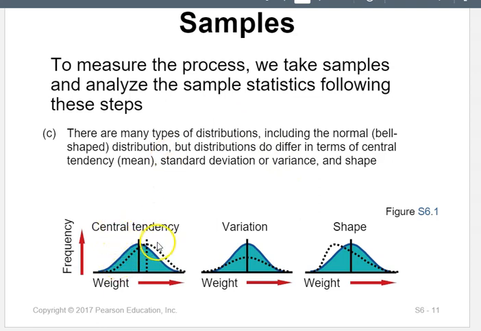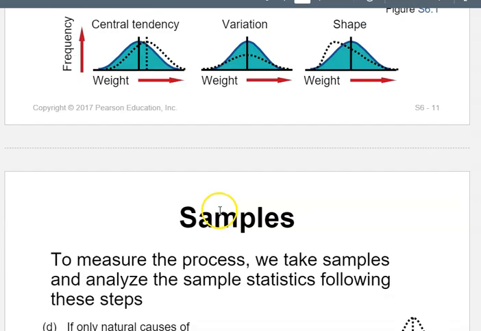Some of them have high variation. High variation means maybe too flat or too high, or maybe skewed to the right or skewed to the left, or the average is higher or lower than what we expected.